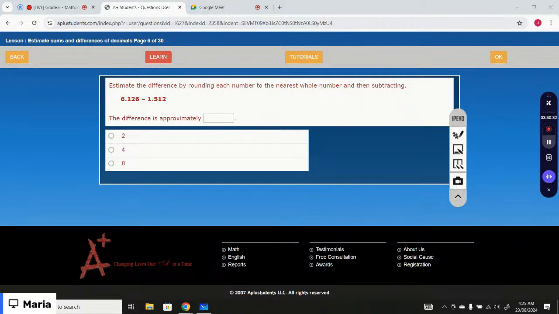That is 4. Option number 2 is the correct option. The correct option is 4.